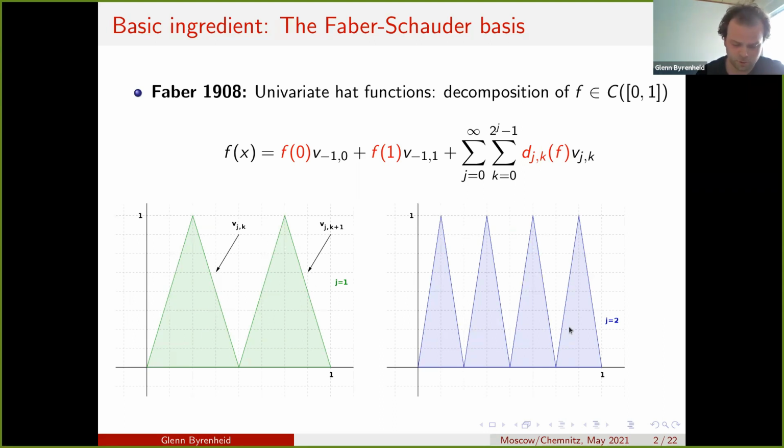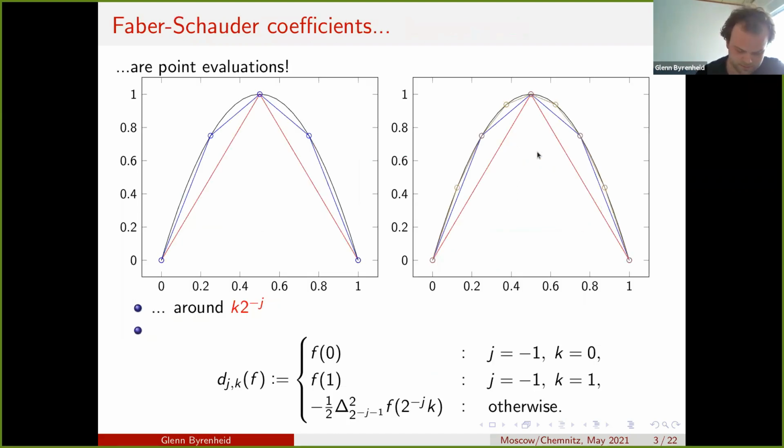And the interesting point is that the coefficients in front of these hat functions are function evaluations, f(0), f(1), d_{j,k}. On the next slide, we see a little bit more explanation about these function evaluations. Namely, these are function evaluations in the first level.